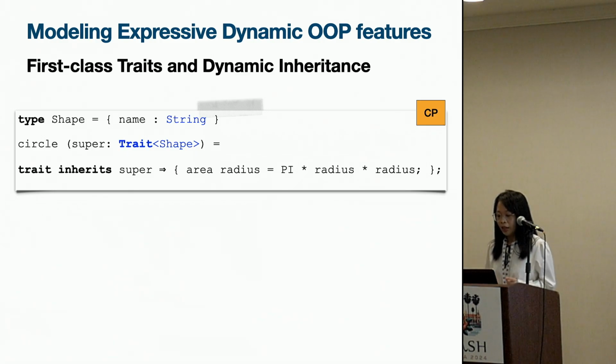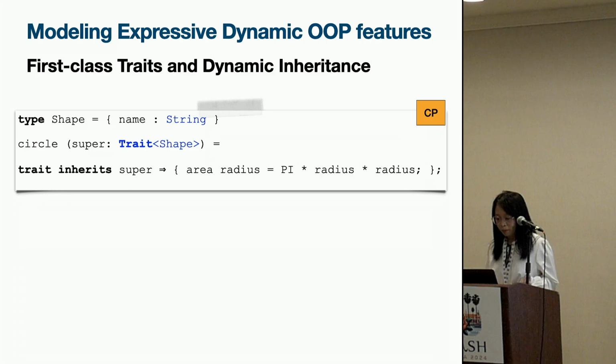For instance, in the above CP language, circle extends shape with a method to calculate the area of a circle. And the superclass shape is a function parameter, which means that circle can be extended by any shape at runtime.